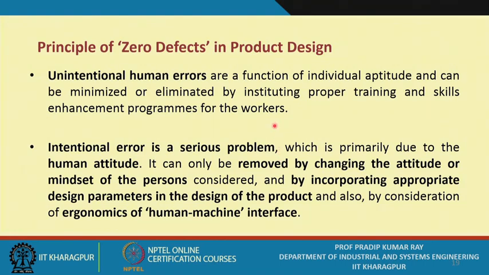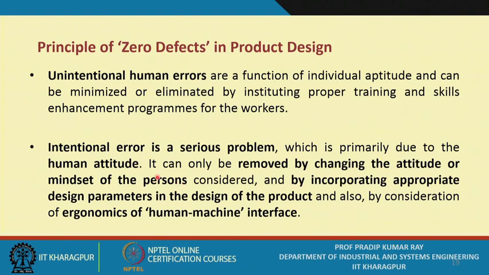Unintentional human errors are a function of individual aptitude and can be minimized or eliminated by instituting proper training and skills enhancement programs for the workers. So any company takes up such programs, so that the workers have the right kinds of skills and aptitude, and unintentional human errors come to almost the zero level.